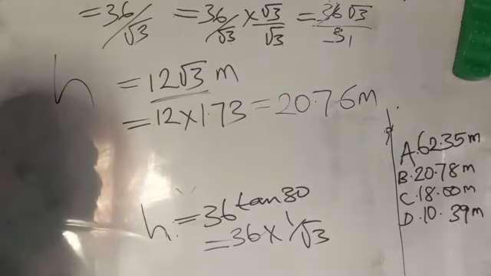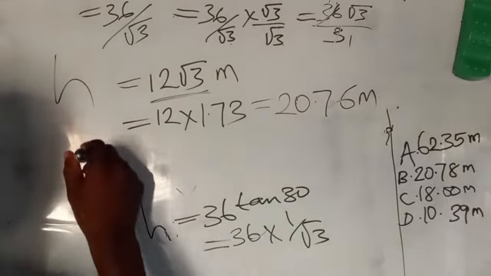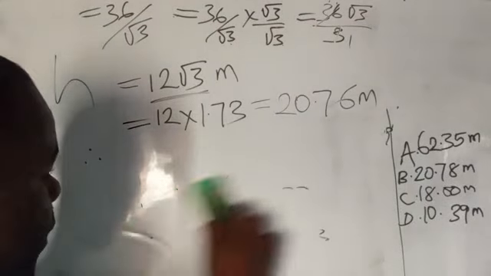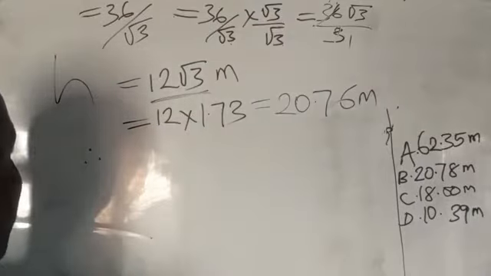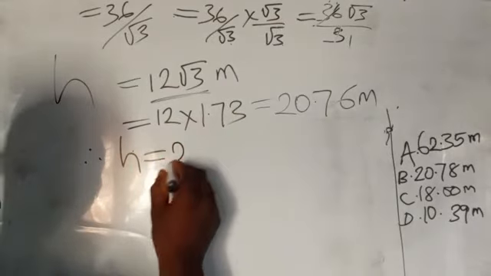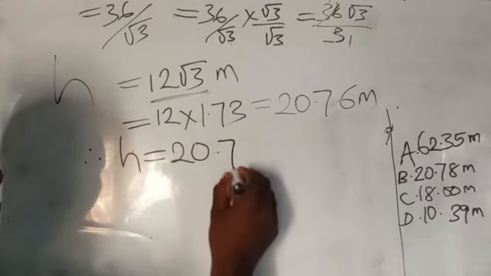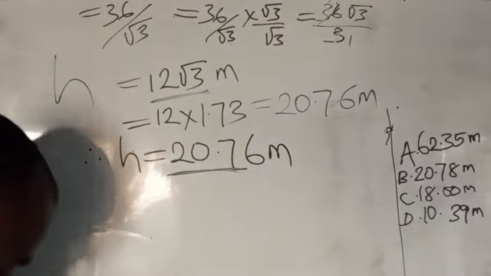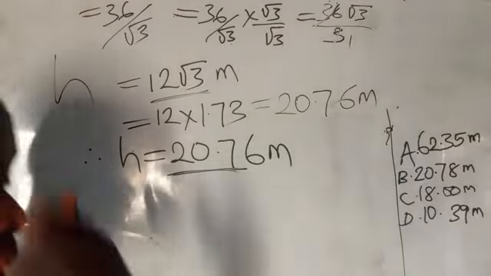Okay, so therefore your height h is equal to 20.76 meters. So guys, this is your answer. What's the closest option here?